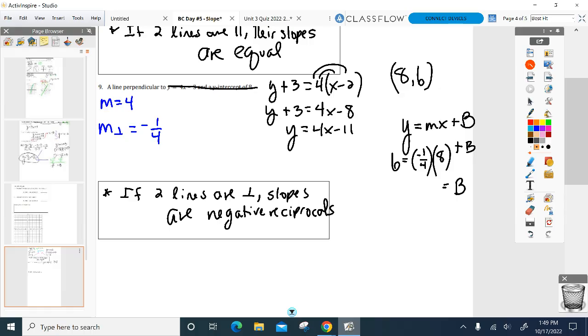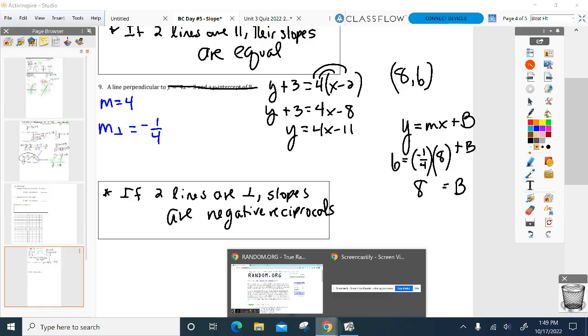Okay, so for that I got negative 2. How do you move the negative 2 over? Add it over. And then 8. All right, there we go. 8. We got it.